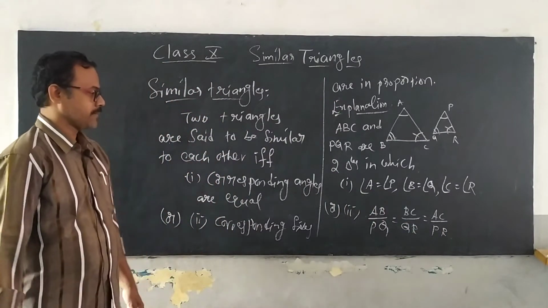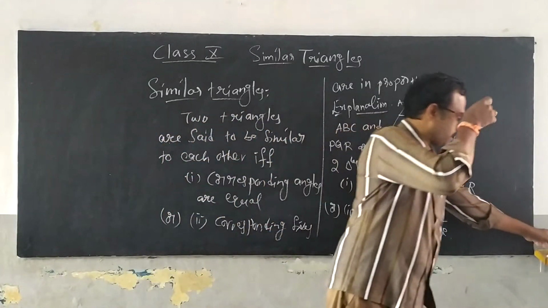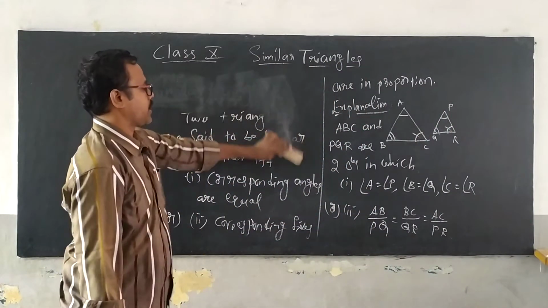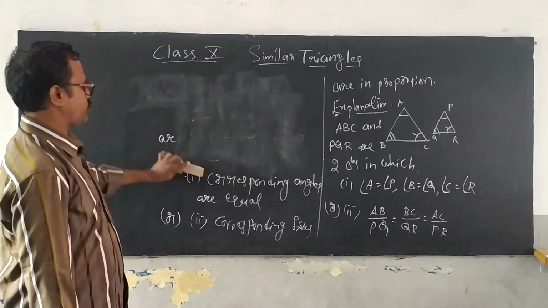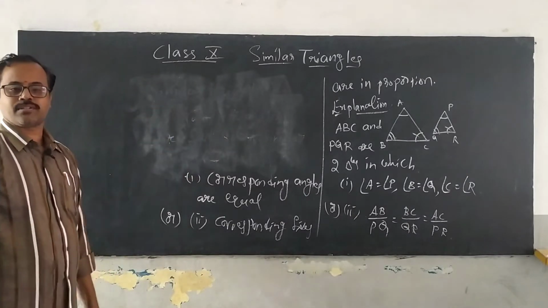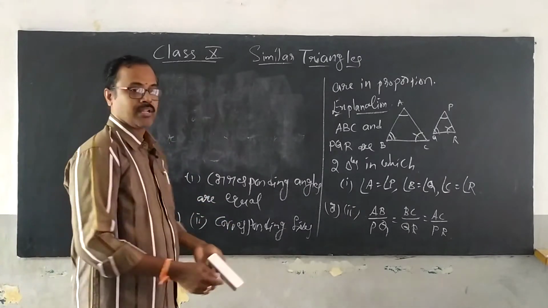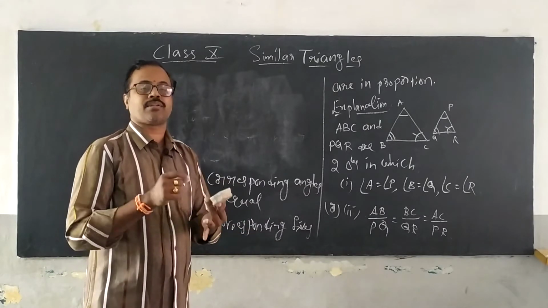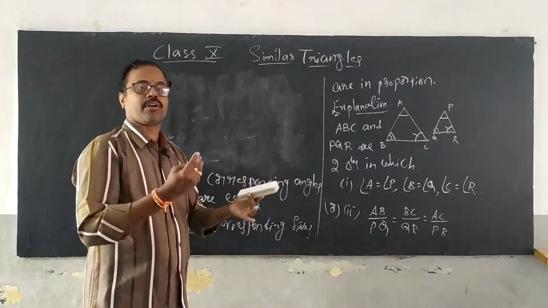When you see that these two properties are satisfied by two triangles, what can you say? That the two triangles are surely similar to each other. So you have to represent that symbolically. It is most important. The representation must be with the corresponding vertices.